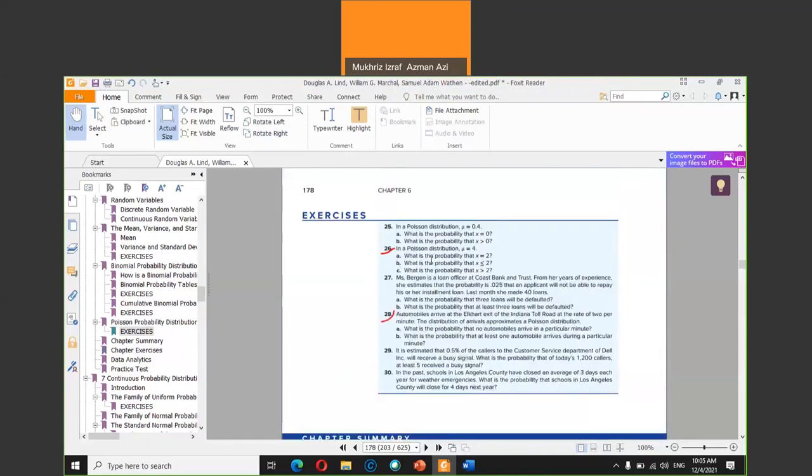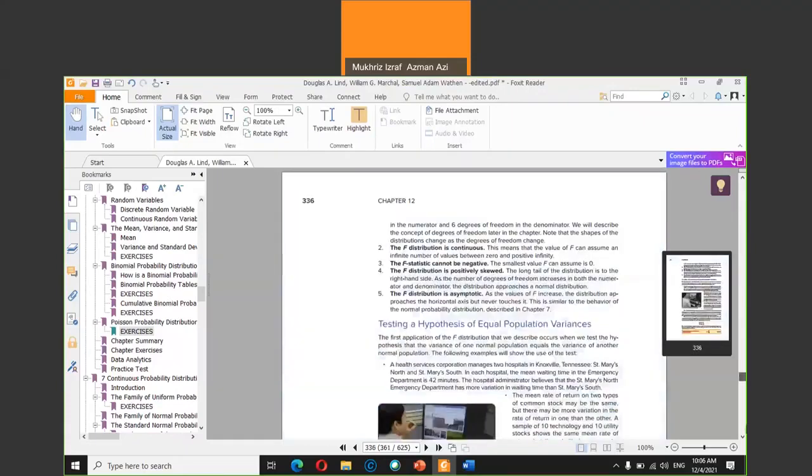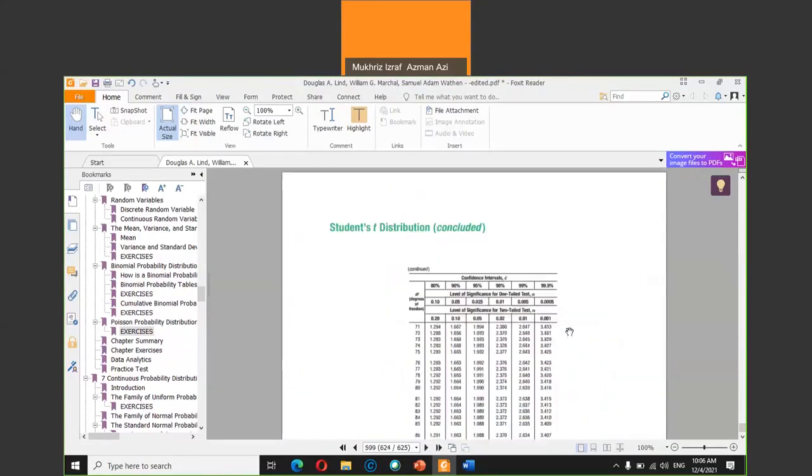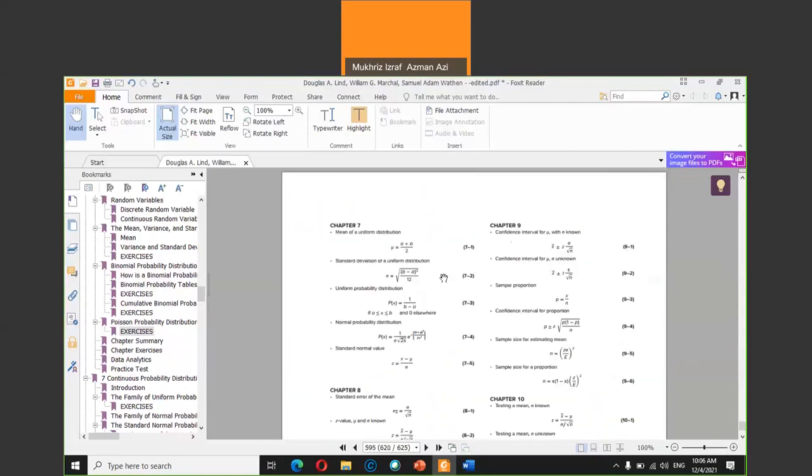Okay, so let's see how we do question number 25. So you can check the chapter 6 solutions at the back of the book here.